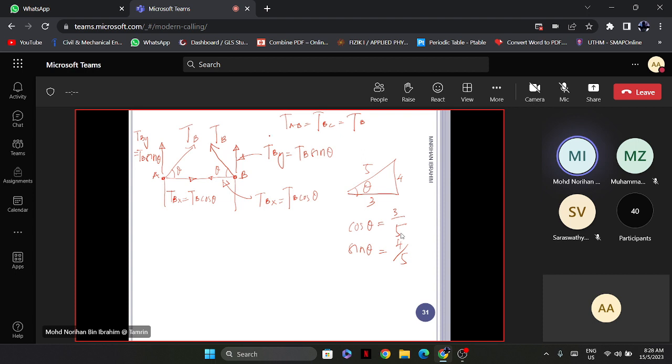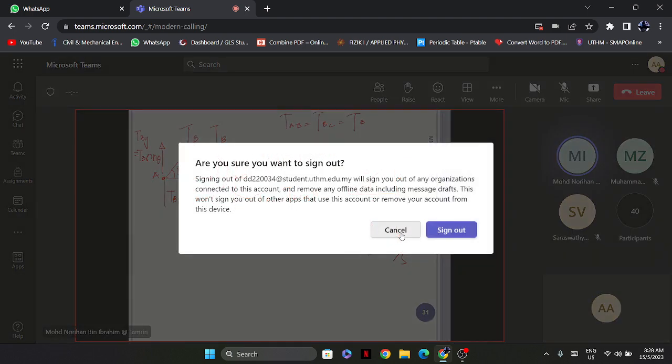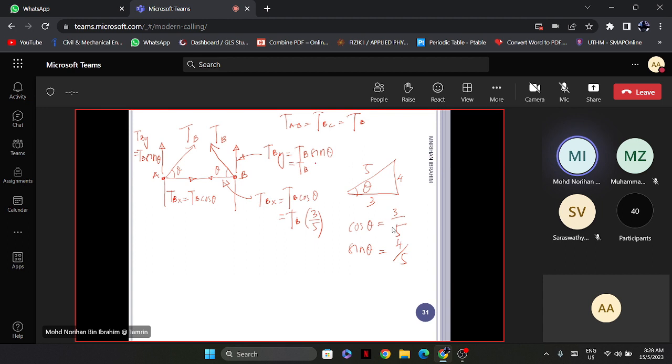So we're going to have this if we substitute into these equations. So this TBx is equal to TB cos theta, which is TB multiplied with 3/5, and for this one TBy is equal to TB multiplied by 4/5. Similarly for the other side, on the left and also the right side.